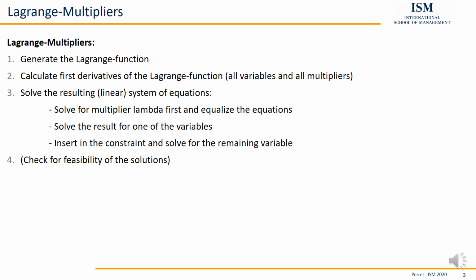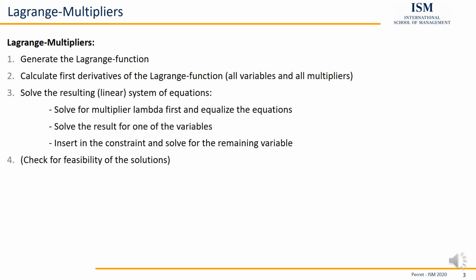So there's only one, or let's say 2 steps left. First, you need to check for feasibility of the solutions. It's in brackets because usually we are not doing this here in this course. But if you want to do this, you can get the second derivatives of the original objective function. You get the Hesse matrix.